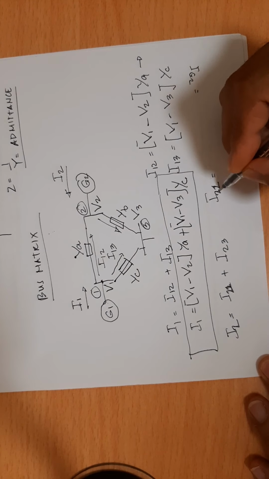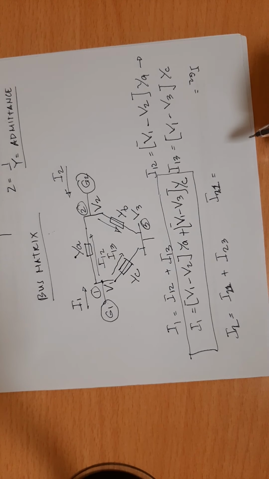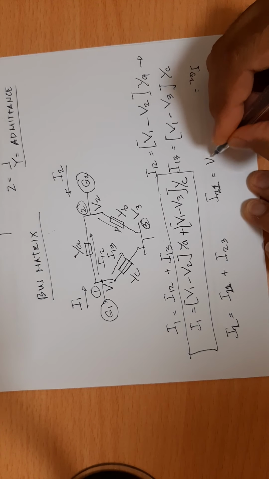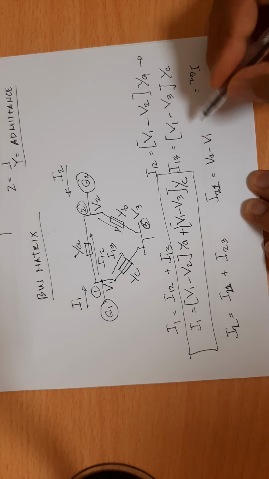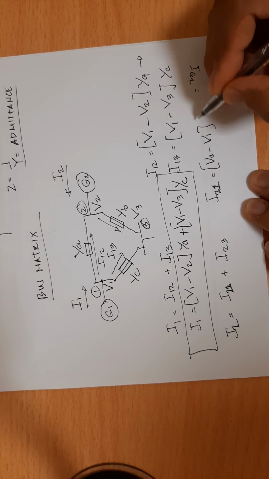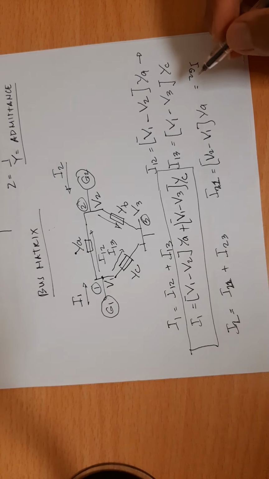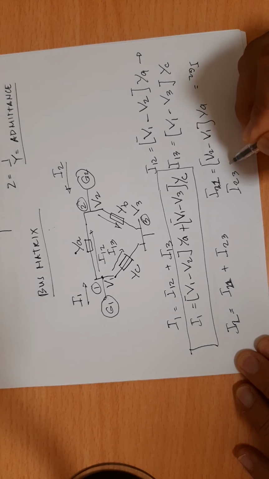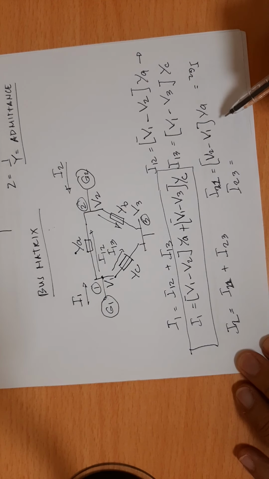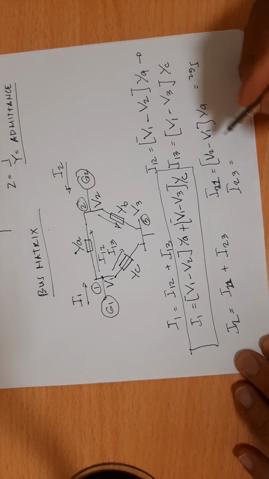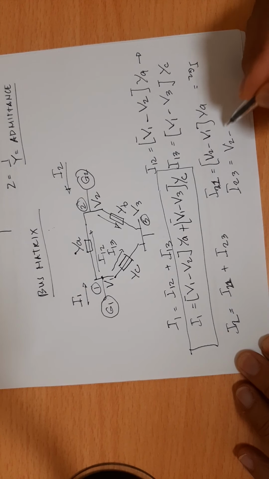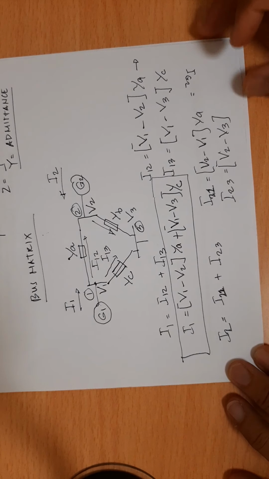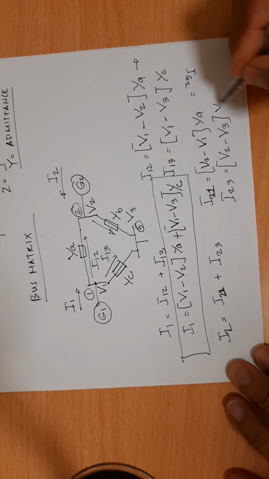Now, I21 is equal to V2 minus V1 times YA, and I23 is equal to V2 minus V3 multiplied by YB.